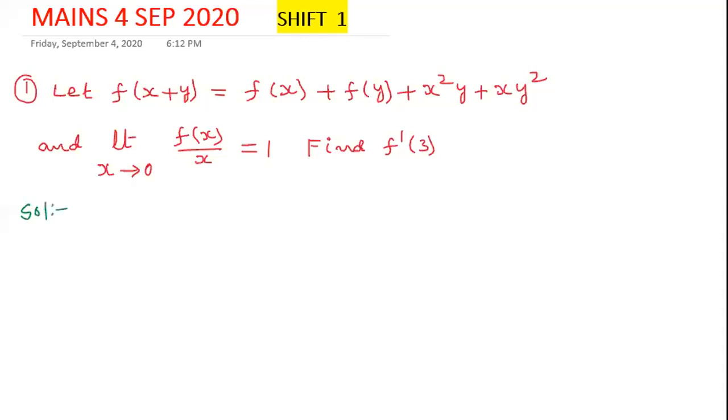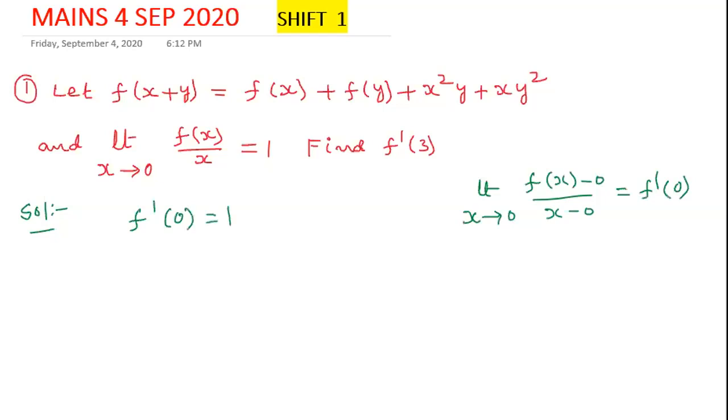How to do this? Now, limit x tends to 0 of (f(x) - 0)/(x - 0). I think this is f'(0), or not? Now we got f'(0) is equal to 1.